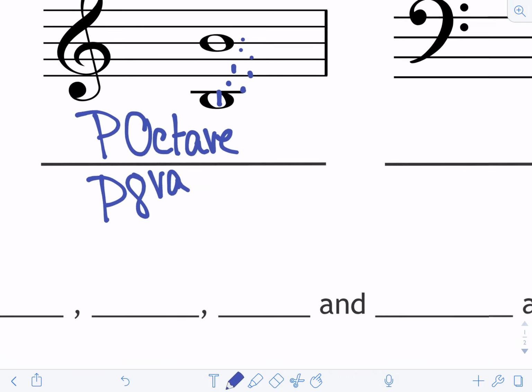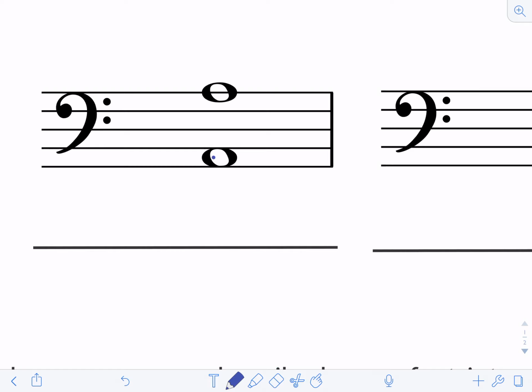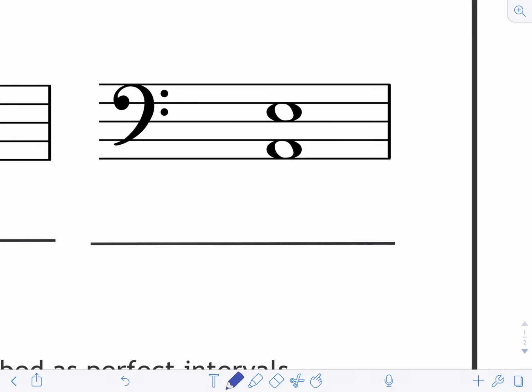I want you to get used to that word, so write them out. 1, 2, 3, 4, 5, 6, 7, 8. Perfect octave. 1, 2, 3, 4, 5. Perfect fifth.